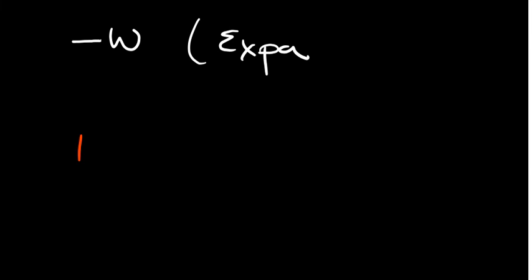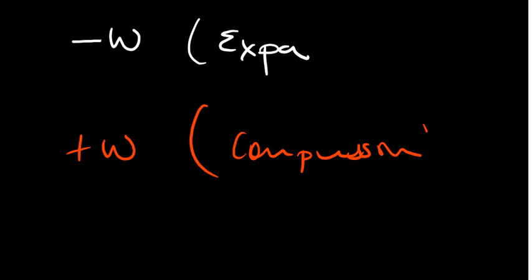If you want to be a lazy student as I used to be, just know that when it's expansion, work is done by the system, so it is negative for expansion. And work is positive when it's compression, because work is being done on the system. Just know that work is equal to pressure times change in volume.